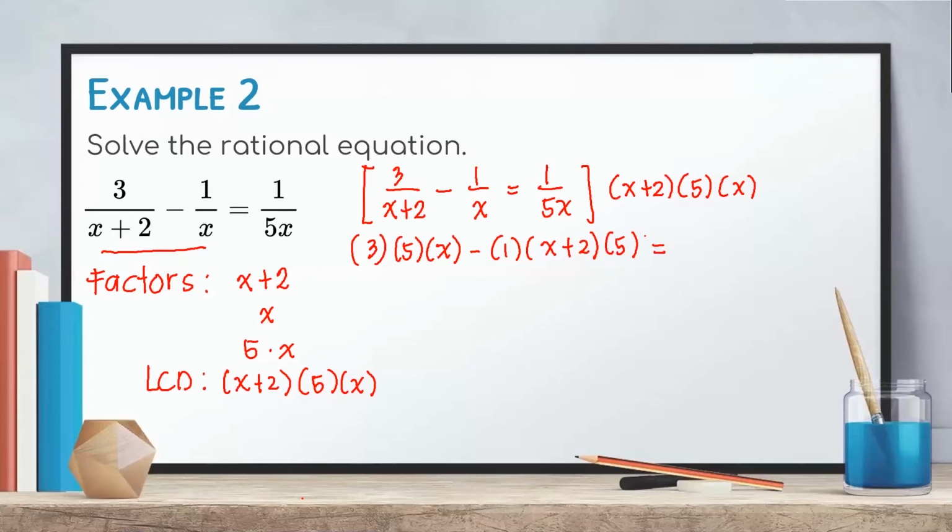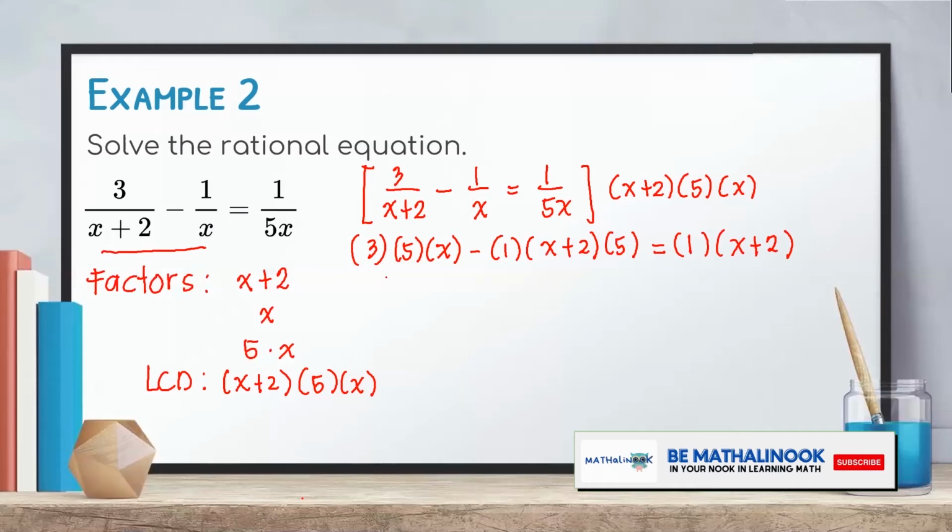Finally, do the same thing to the third rational expression. Note that the denominator here is 5x. Therefore, 5 and x here will be cancelled, leaving us with 1 times x plus 2. Next, we need to simplify this term.